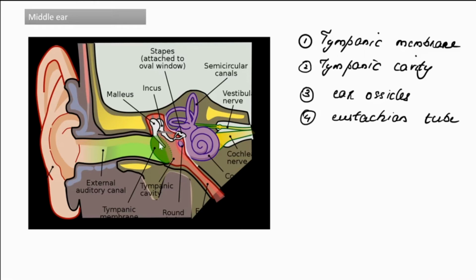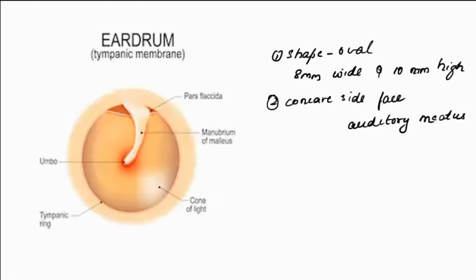Tympanic membrane. This is the tympanic membrane that we can see in almost green color. What is the specialty of the tympanic membrane? The tympanic membrane is oval in shape. Otherwise, it's called the eardrum. Shape is oval, 8 millimeter wide and 10 millimeter high. It has a concave side and a convex side.